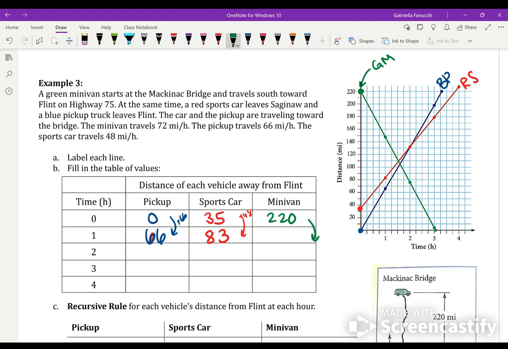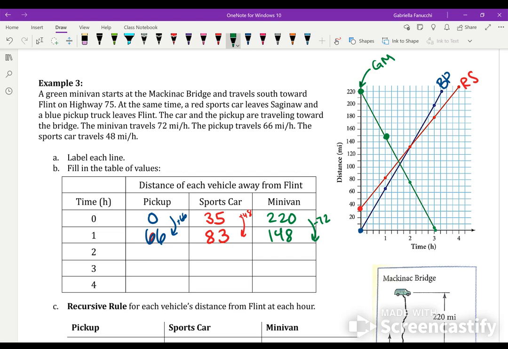So if we were to add 72, we should get 292, but it's not at 292. Look at where it's at 1 hour. We need to make sure that we're subtracting the 72 because it's traveling south. Okay, so 220 minus 72 is 148.